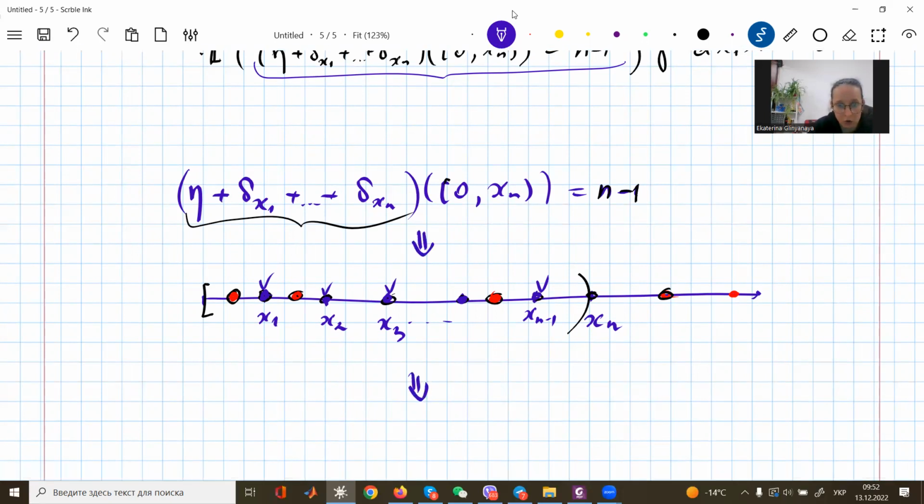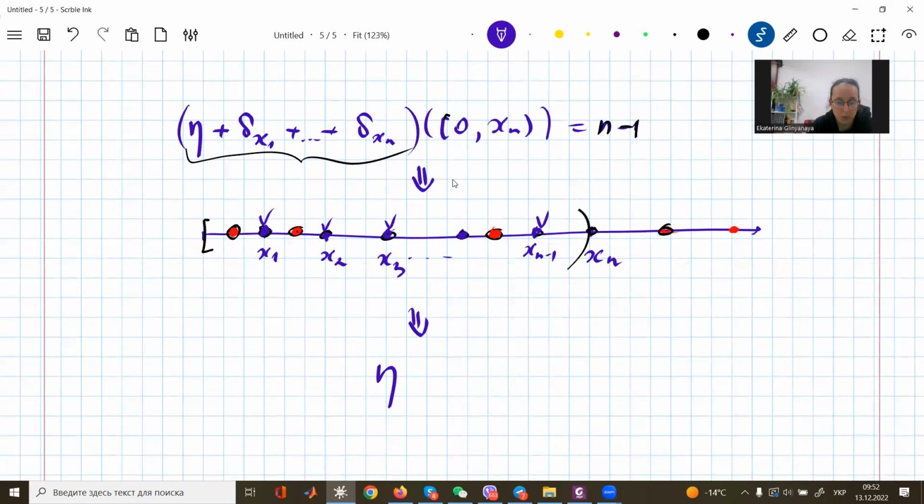This just means that the Poisson point process on this interval (0, xn) is equal to 0. I have no red points here. So these events are the same: if the Poisson point process does not have points in this interval, I have here exactly n minus 1.